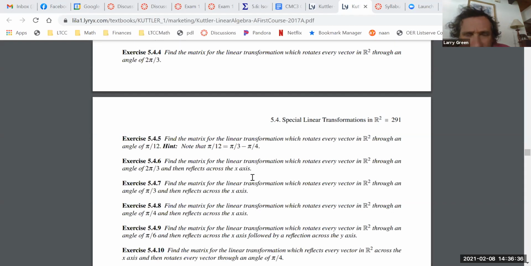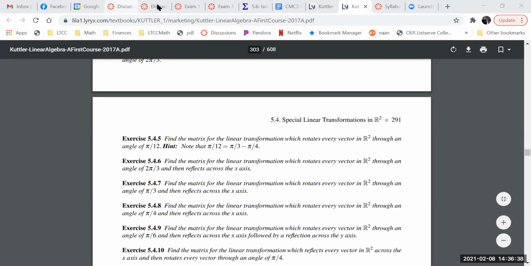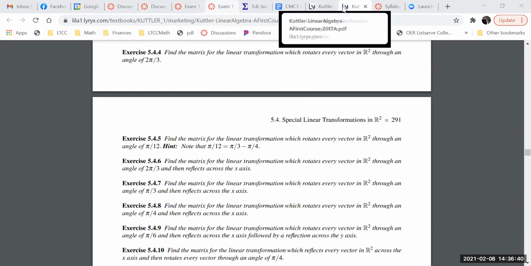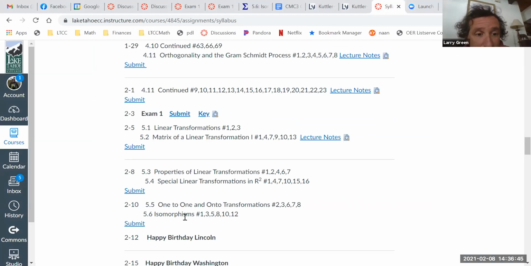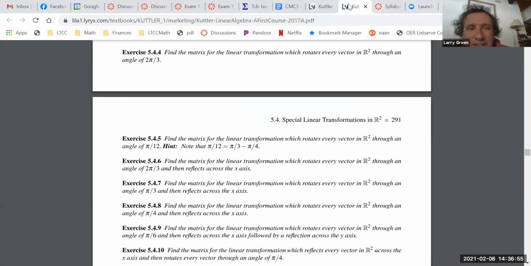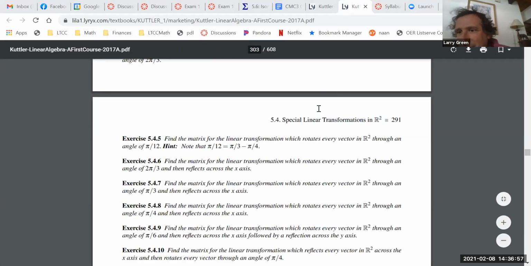Am I in the right section? Let me double check. It doesn't feel right. Just a minute. Let's look one more time. Oh, no. It should be 5.5 and 5.6. But I can still do number 6 on 5.6. How's that? Just getting to it takes some time.